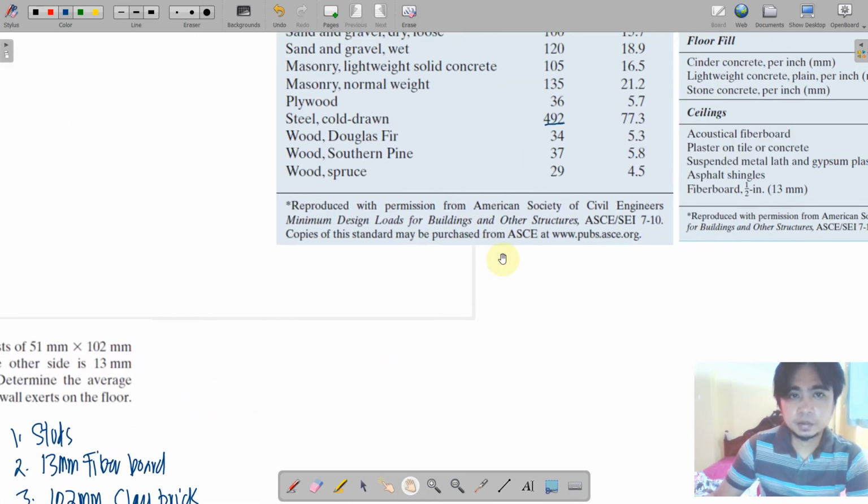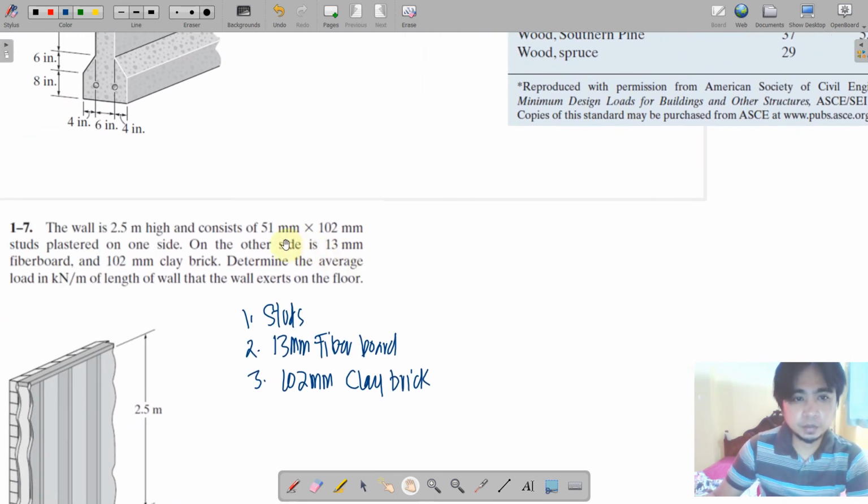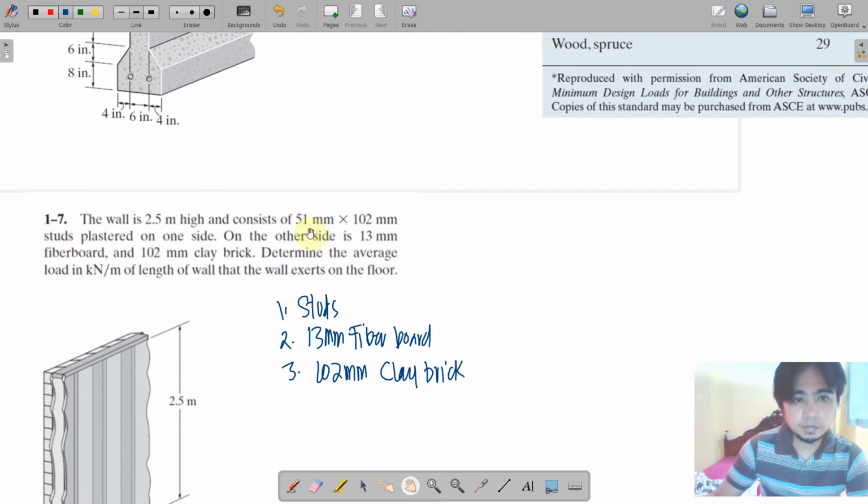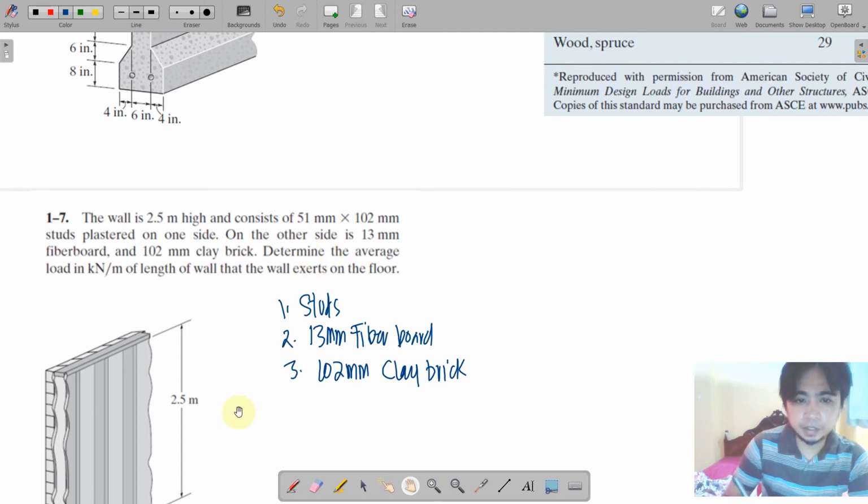For studs, we note 51 by 102 plastered on one side.